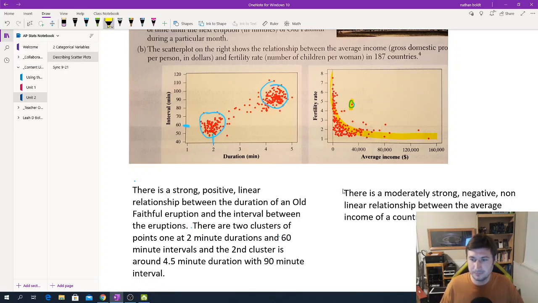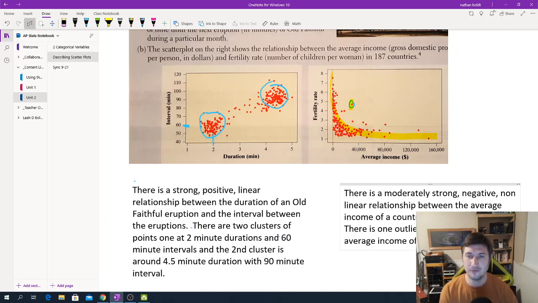So, give me back my text, please. There is one outlier country that has an average income of, call that, I don't know, 35,000 maybe, and a fertility rate of, looks a little less than 5 on the Y, doesn't it?